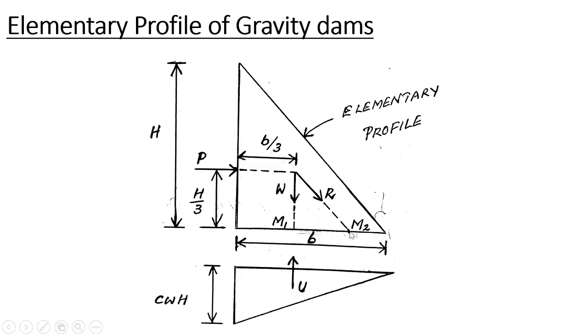Then from M2 to the top of the dam, again it is b by 3. So first b by 3, the middle b by 3 and the last b by 3.